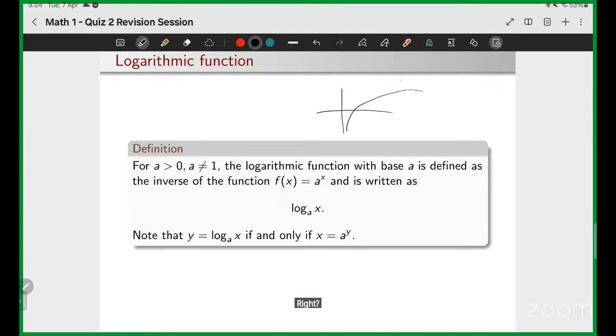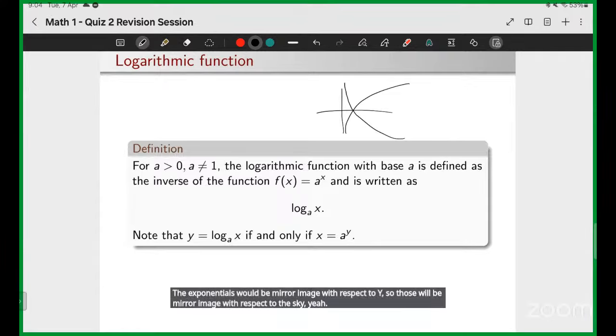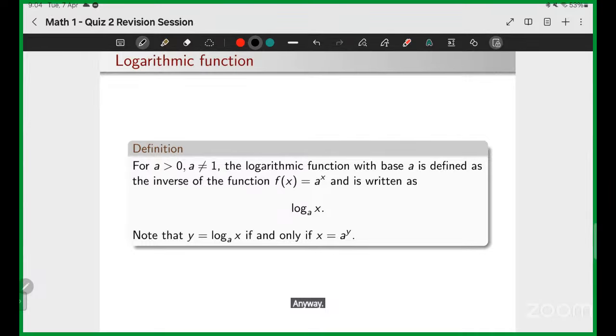What does the graph of the logarithmic function look like when a is between 0 and 1? For a greater than 1 it is an increasing function. For a between 0 and 1, it would be decreasing, just the mirror image of this with respect to x. Oh, it's like this. Yes, sir. The exponentials would be mirror images with respect to y, so this will be the mirror image with respect to x. Anyway, that's not really very important.